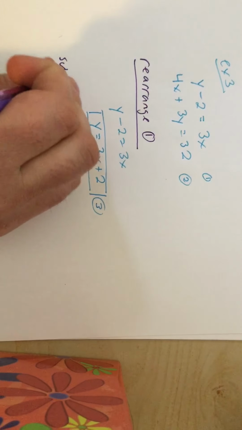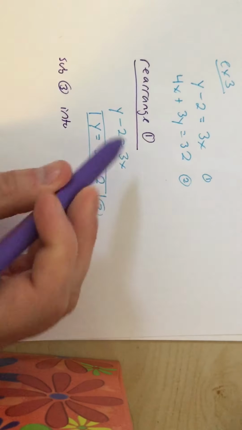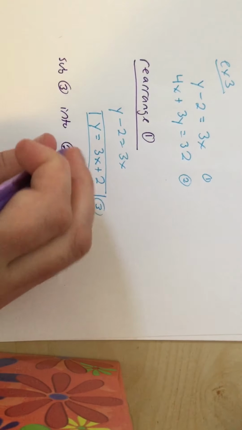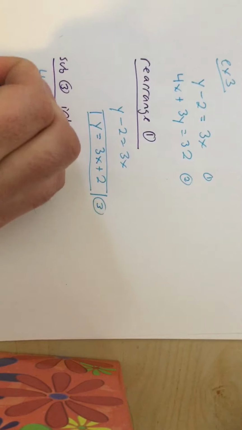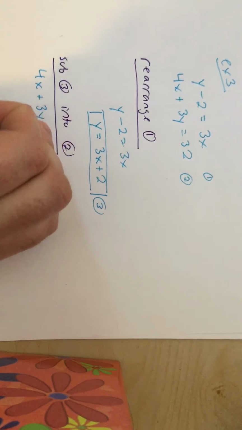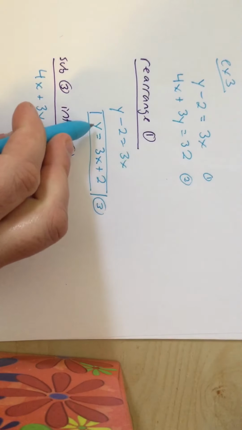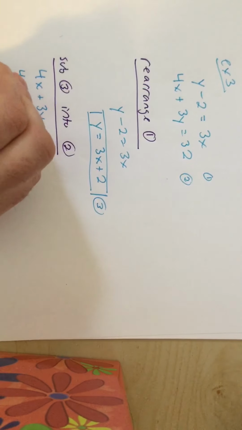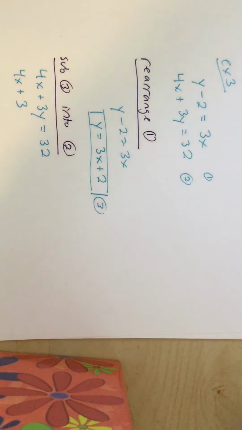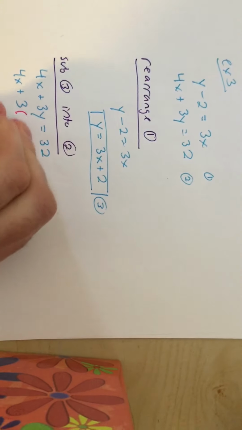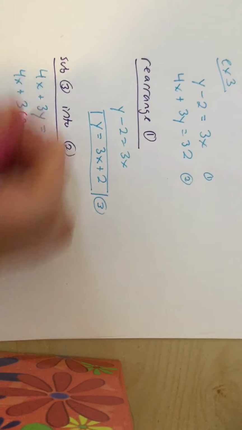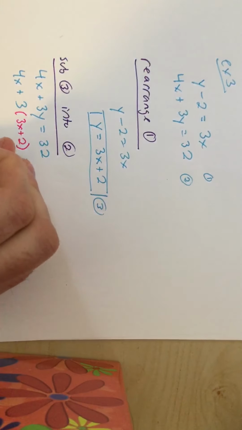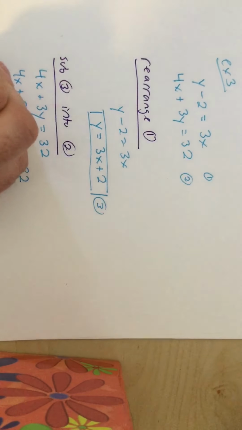So I'm going to sub 3 into, I rearranged 1, so I'm going to sub it into 2. 4x plus 3y equals 32. I got the y alone this time, so I'm going to put it in for the y. Instead of y, I write 3x plus 2, equals 32.